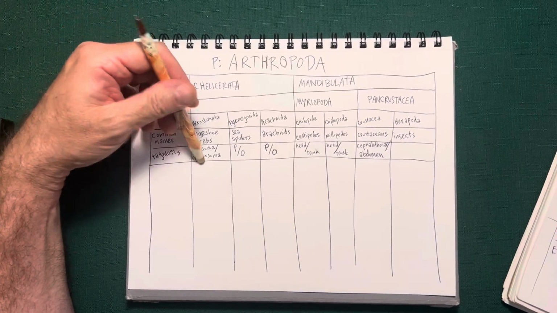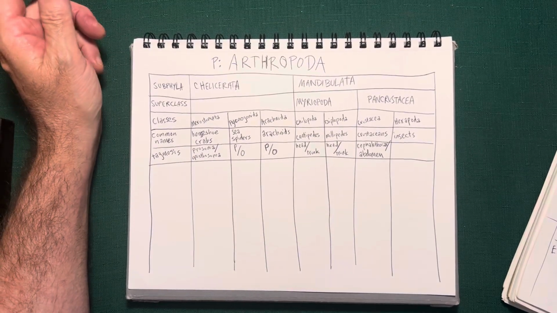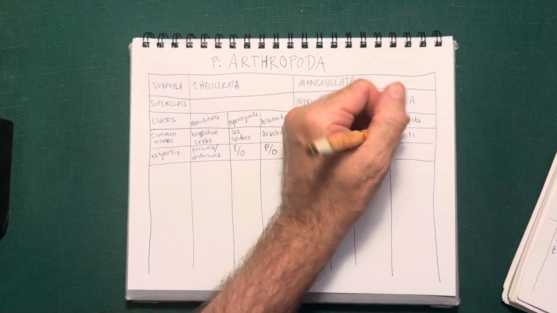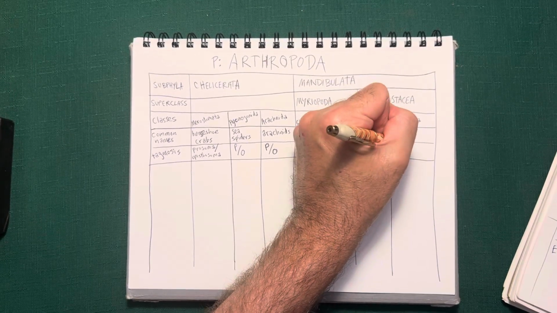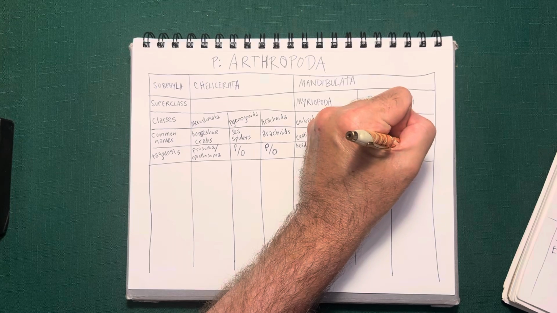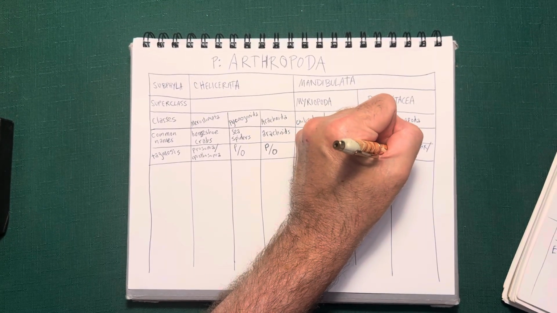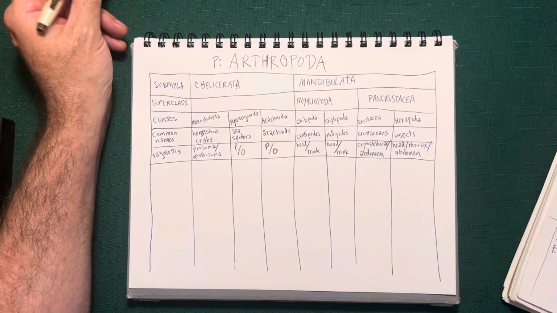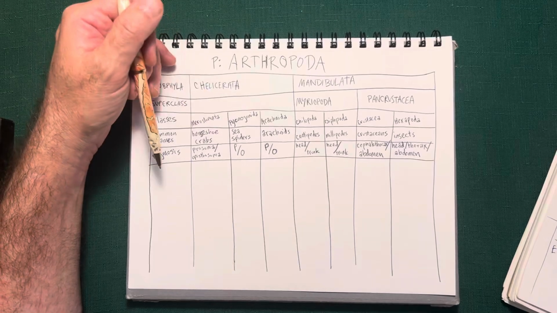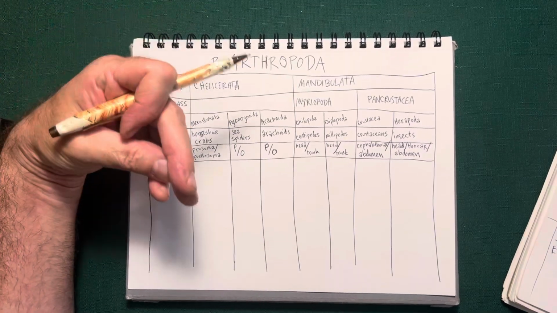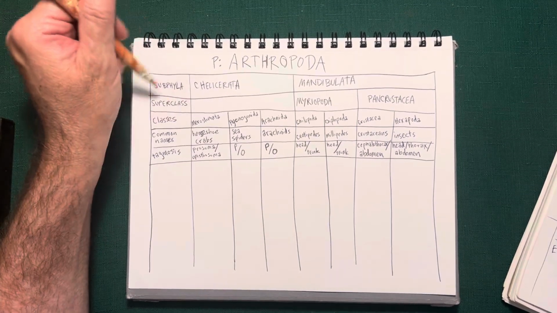So that's why prosoma and opistosoma is more accurate versus cephalothorax and abdomen for crustaceans. Insects, hopefully we recall, we've got a head, we've got a thorax, we've got an abdomen. So already, hopefully this is showing us some evolutionary trends that help to group things into our superclasses and into our subphyla.